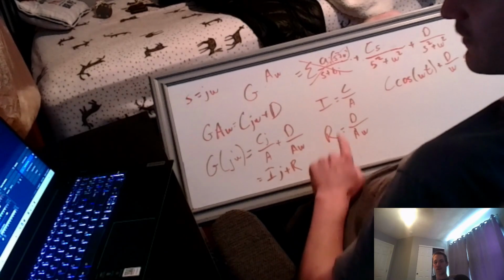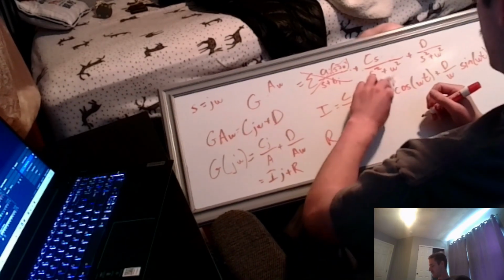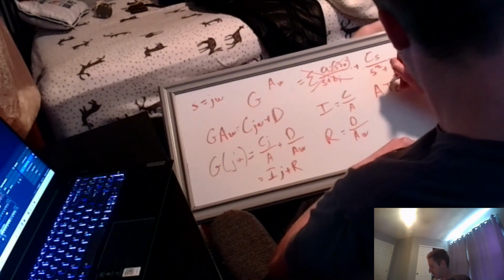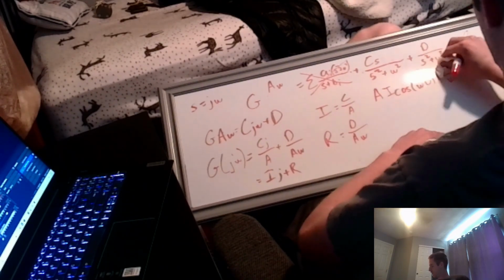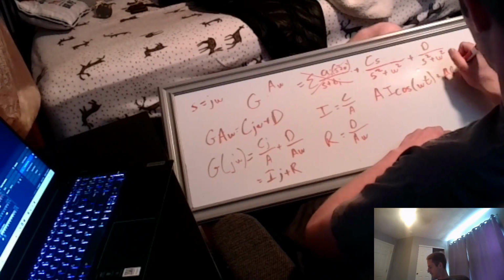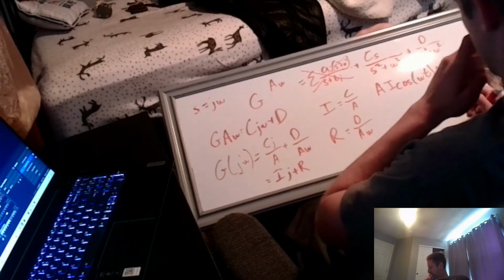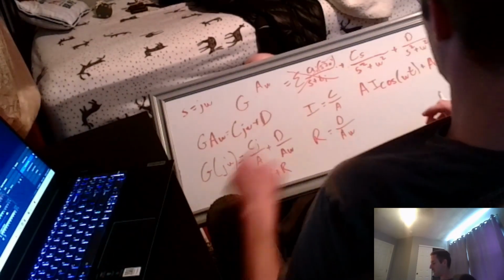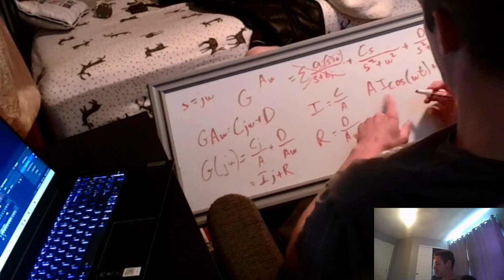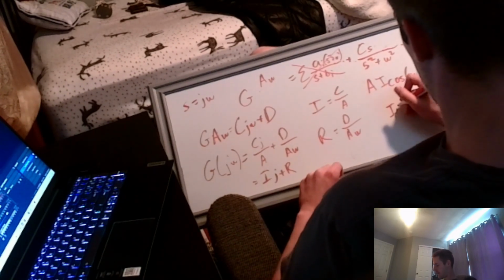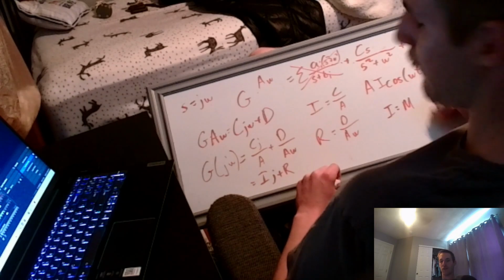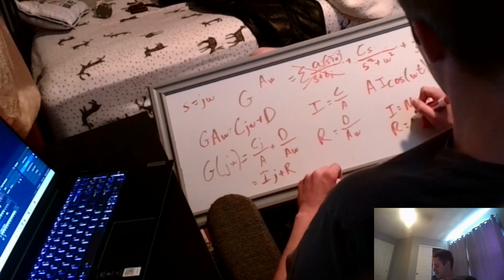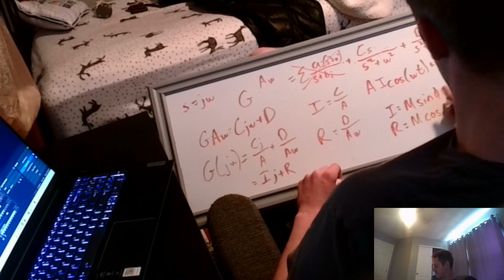Now we have our imaginary and our real. So C, rearranging that, equals A times I, and then D over omega equals A times R. Now what we can do is first take out the A, but also we can set this imaginary to be equal to some magnitude times the sine of phi, and the real is some magnitude times the cosine of phi.